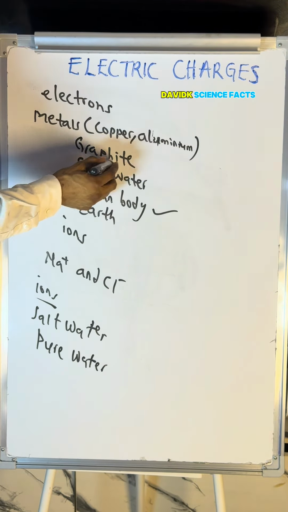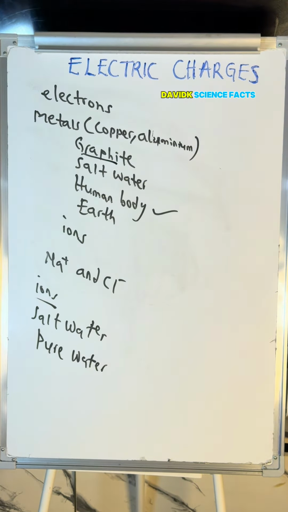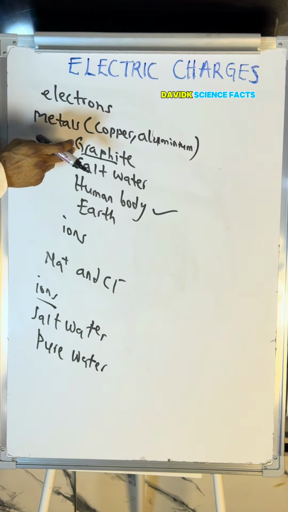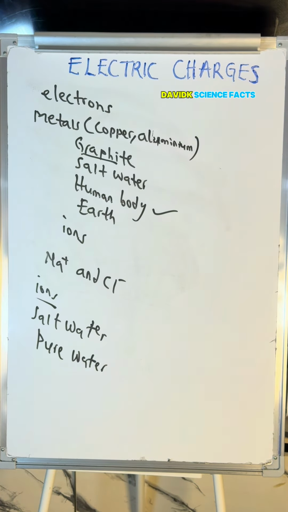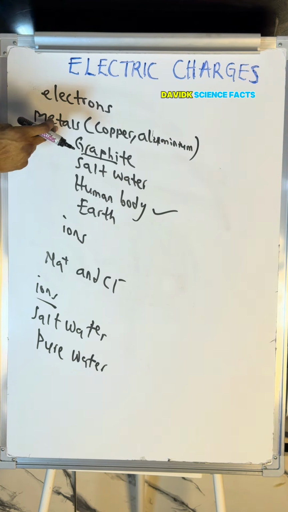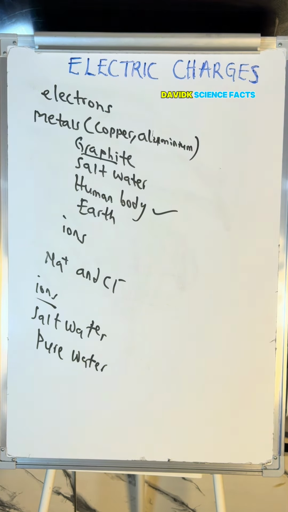Now for graphite, it is a form of carbon, but it has free electrons. So one electron per atom is free. These electrons can move. That is why it is said to be a conductor. For metals like copper, aluminium, they have free electrons.